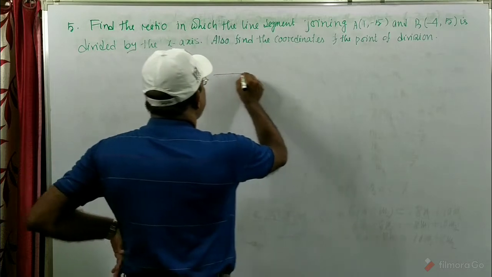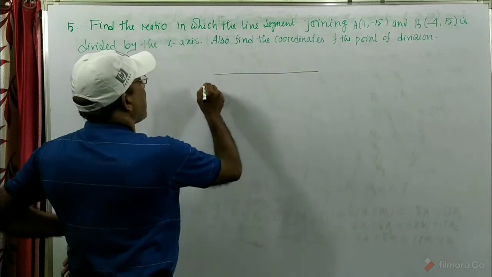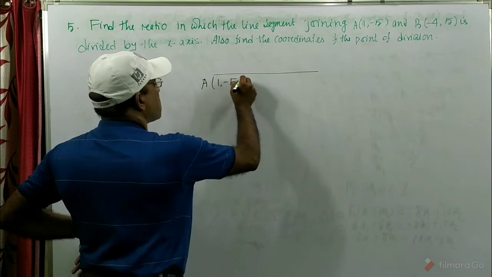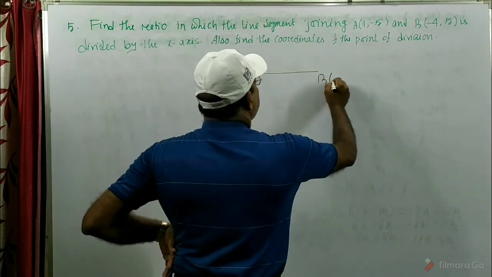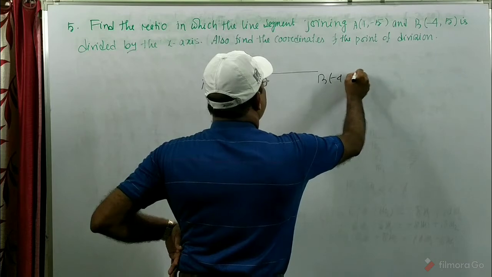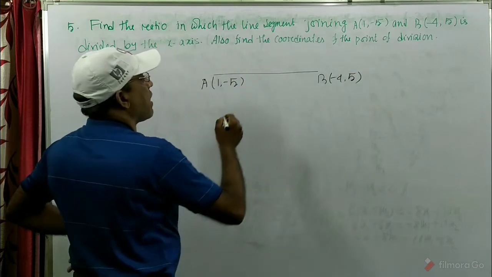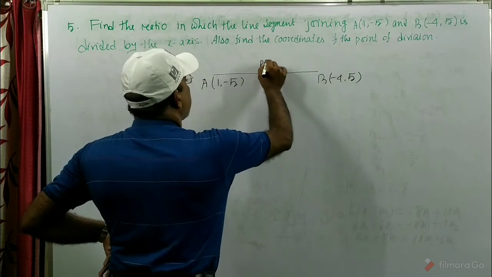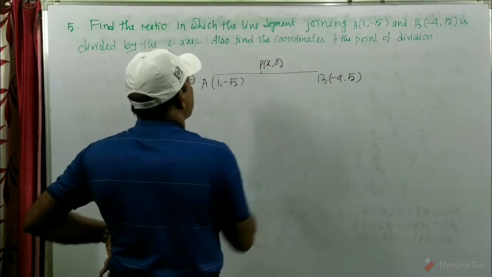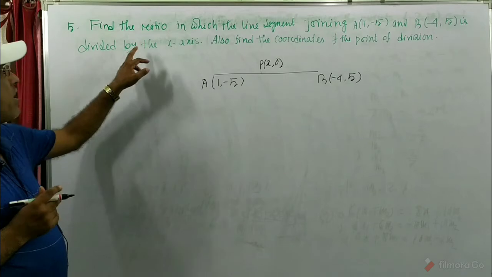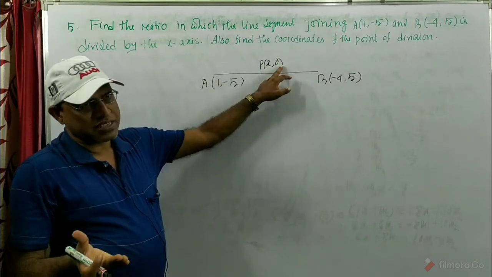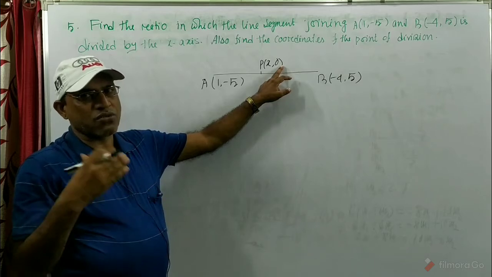Now A is given as 1, minus 5, B is given as minus 4, 5, and suppose this point is P (x, 0). On the x-axis means x is non-zero, y is 0. If the y-axis is given, x is 0, y is non-zero.